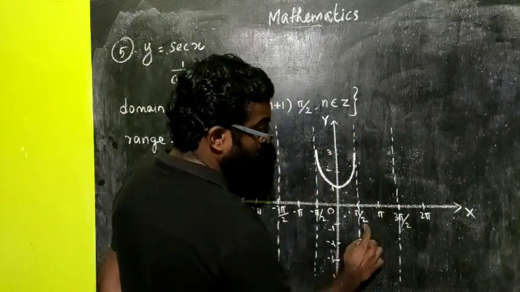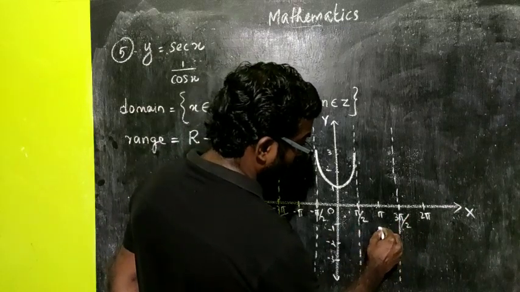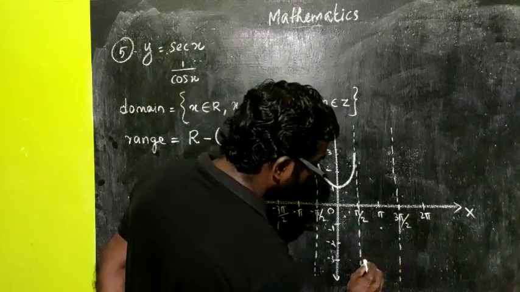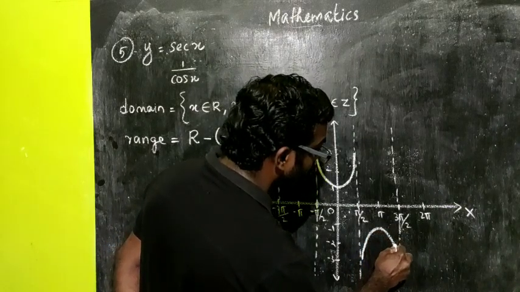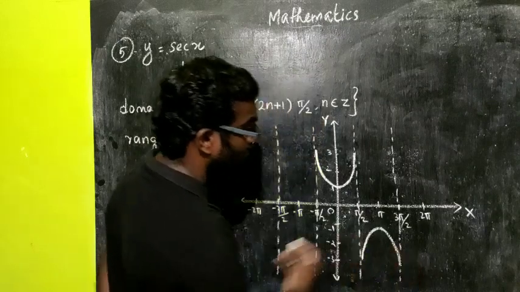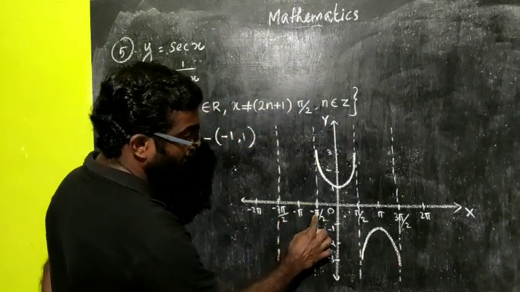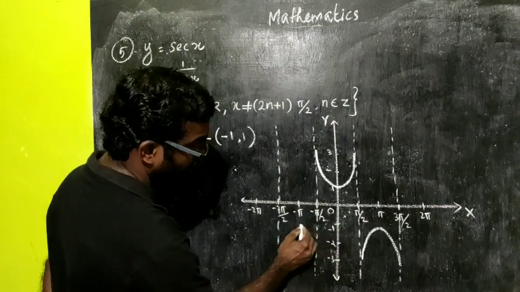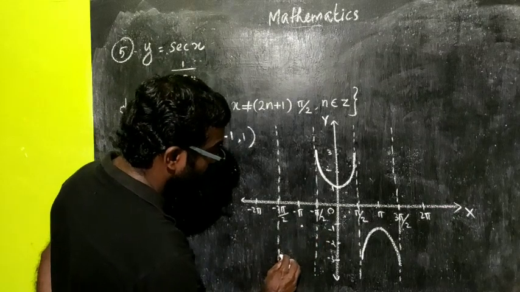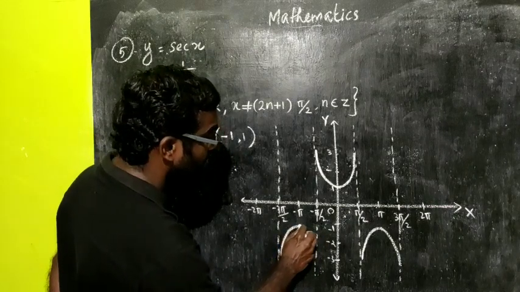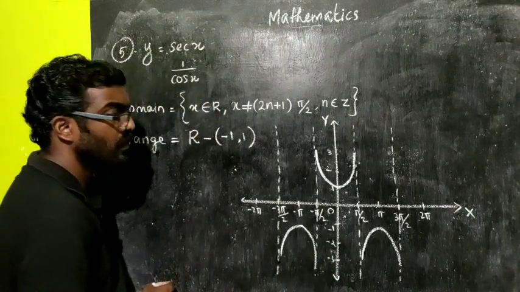Okay. And in this part, pi by 2 to 3 pi by 2, here the value is -1, and the graph looks like this. Okay. And in the domain of -3 pi by 2 and minus pi by 2, here the point is -1 and the graph looks like this. Okay.